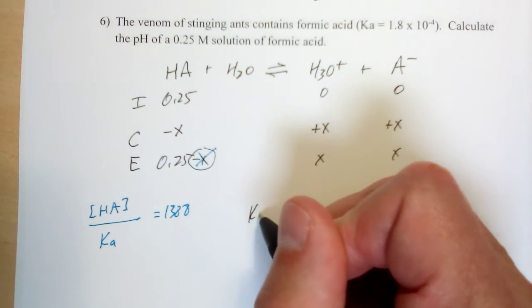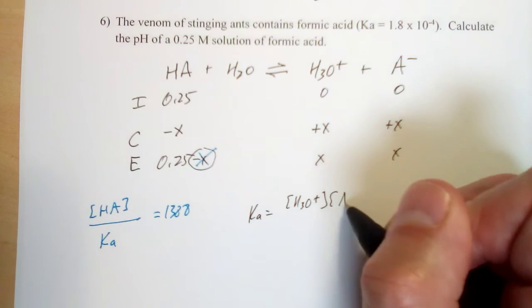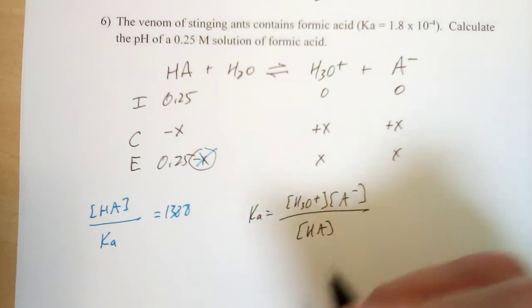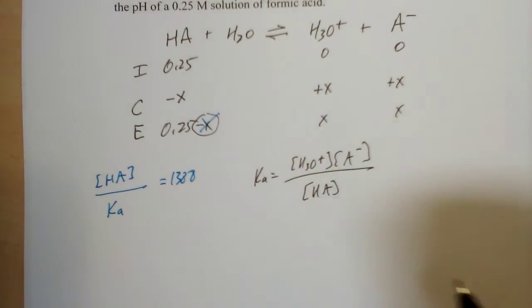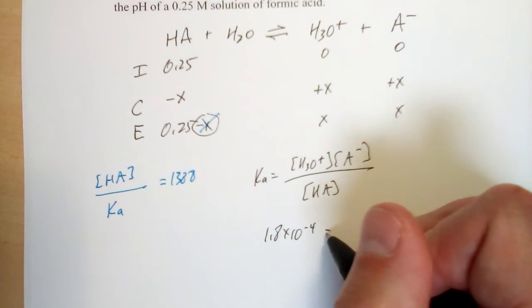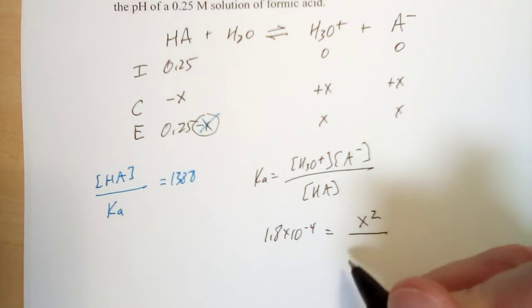So the equilibrium constant here would be the products, hydronium and the conjugate base, divided by the concentration of the weak acid. Plug numbers in for those values, and we get 1.8 times 10 to the minus fourth is equal to, both of the products are x, so x squared on top.